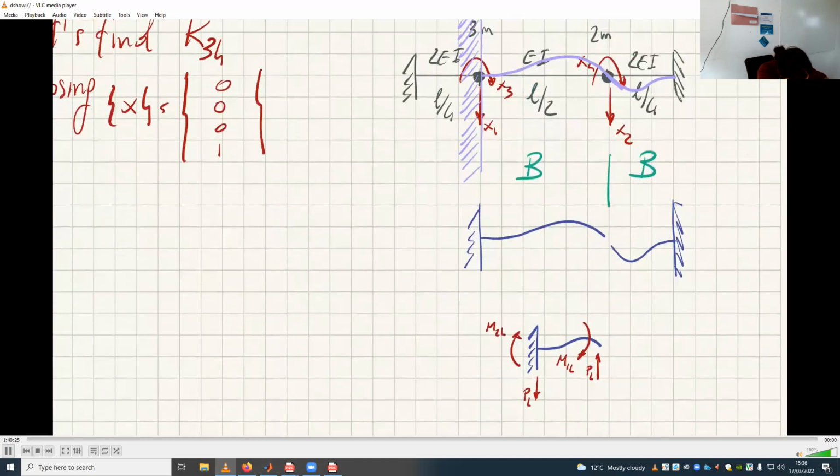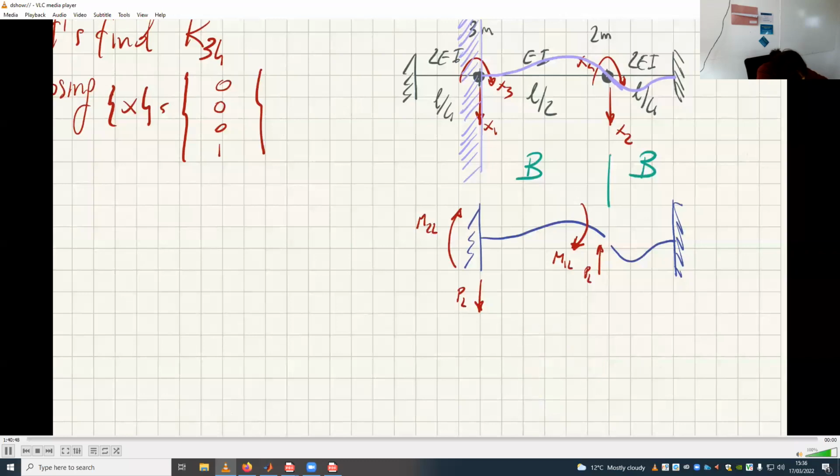So I have M2L, PL, PL, and then M1L. And so on the other way, I also have M1L. Well, let me copy the other one then. Don't need this anymore.